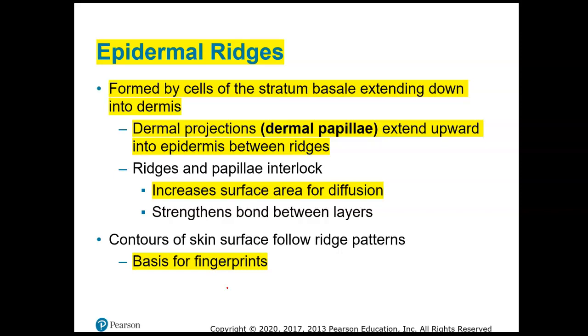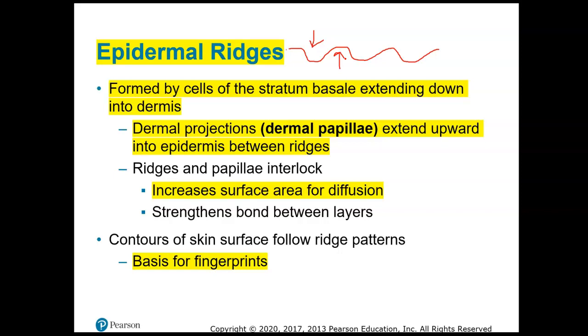The epidermal ridges are, you saw a wavy purple line in the illustrations showing the epidermis and the dermis. These are epidermal ridges, and the ones that poke up are called dermal papillae. The interlocking of the epidermal ridges and the dermal papillae is what forms our fingerprints.